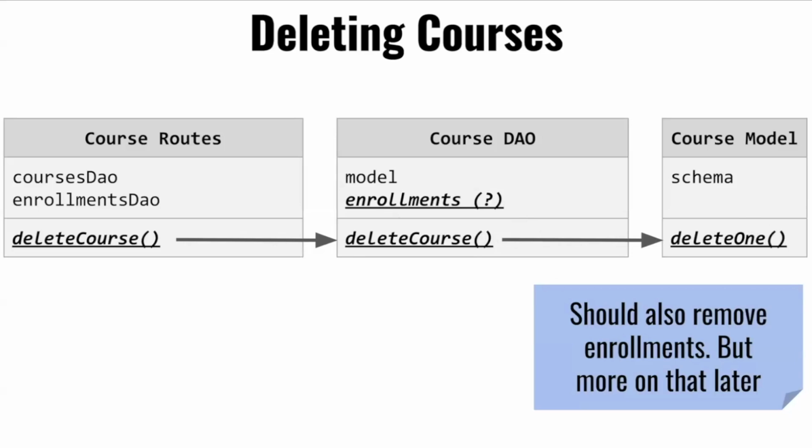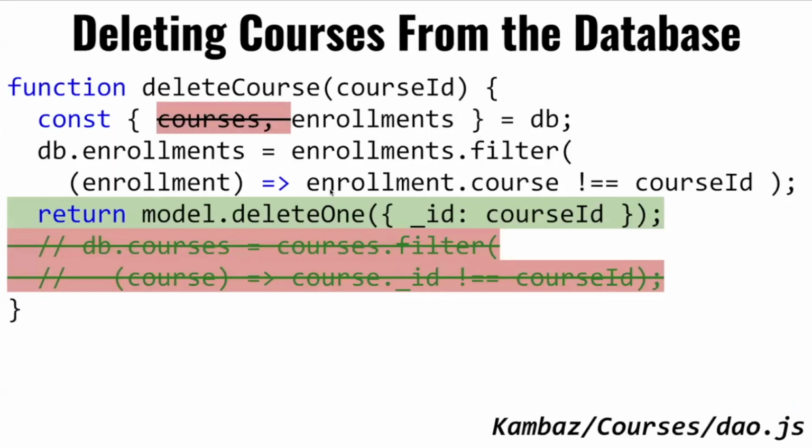When we're going to talk about how to model many-to-many relationships, the enrollments is going to be our many-to-many relationship. So we'll remember to not only delete the course, but then all enrollments that are related to that course. Okay. So right now the implementation is to filter out that particular course from the array of courses.